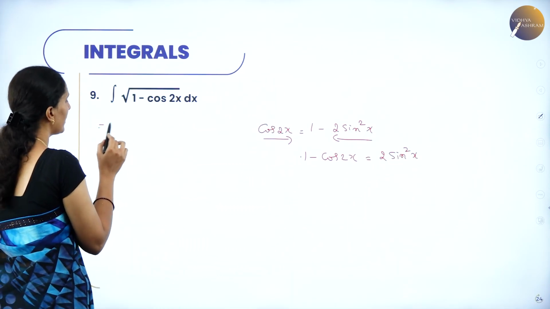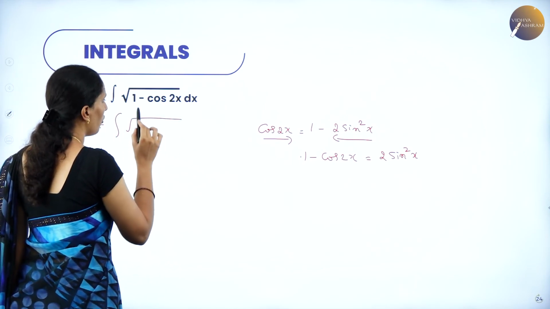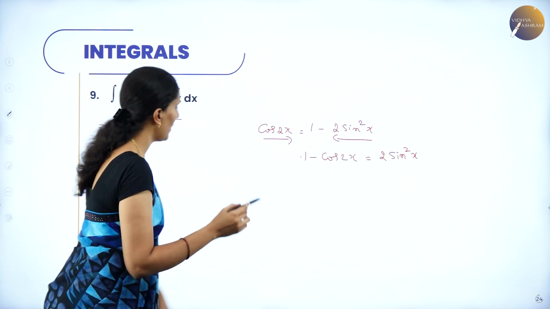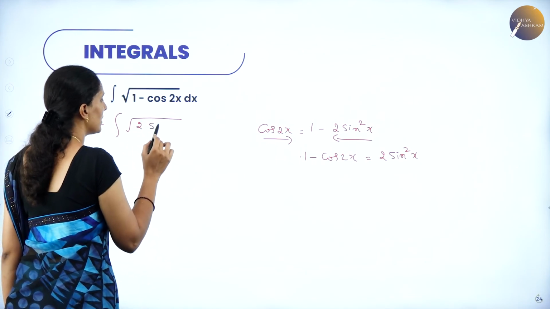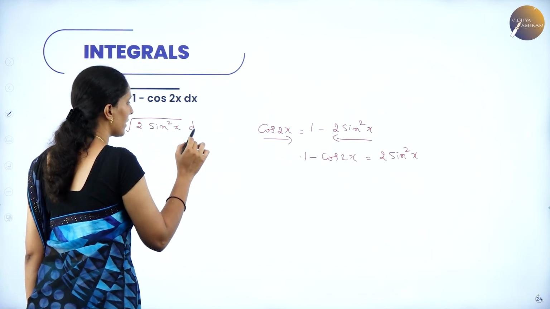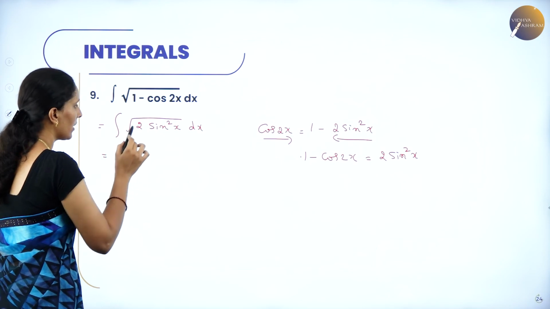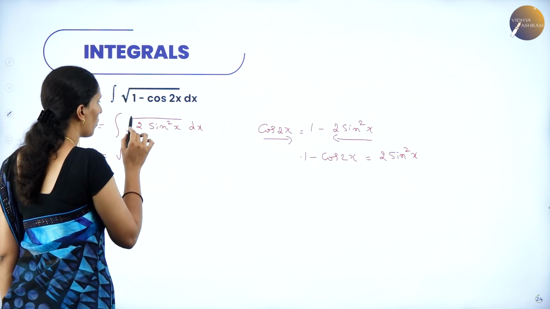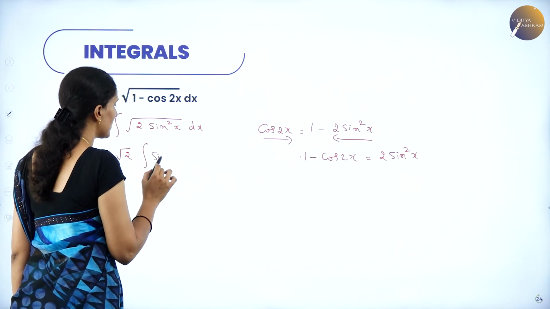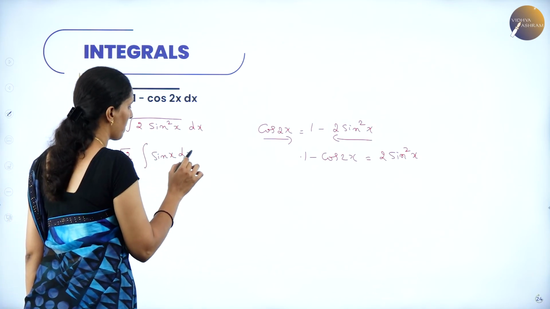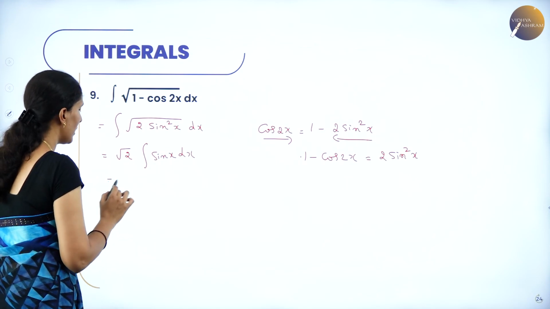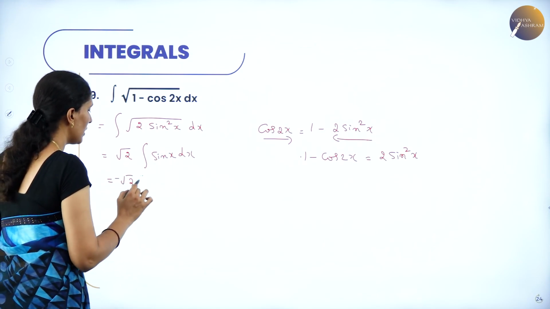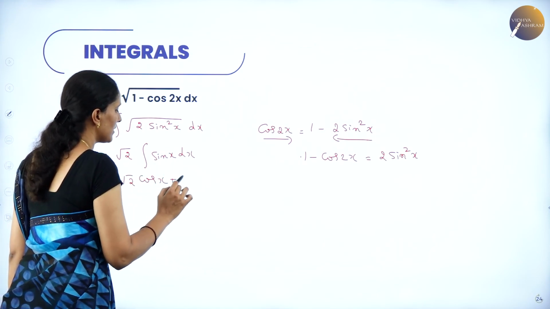And thus here I can write it as the integral of root of 2 sin square x dx. So, here I can take root 2 outside because it is a constant. So, root of sin square x is sin x, dx. What is the integral of sin? It is minus cos x plus c.